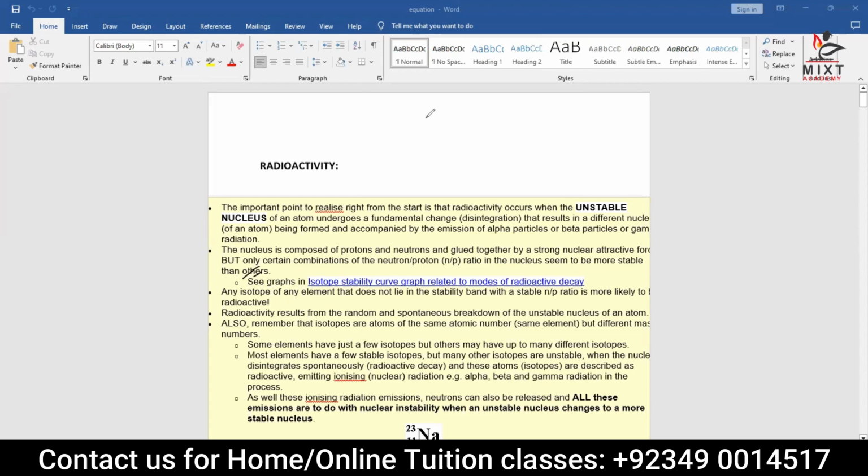Artificial radioactivity we do not have in our course. It means we make these radioactive elements ourselves by adding something into them. And what we are studying is the natural radioactive elements, which happen naturally.